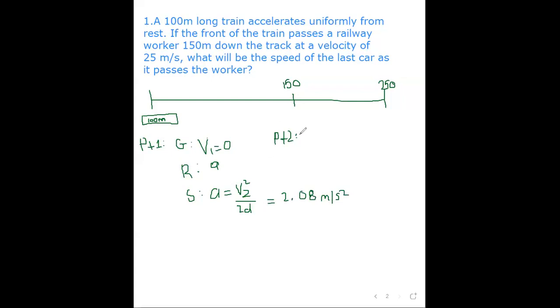Then part two, what we're trying to look for is the speed of the last car as it passes the worker.